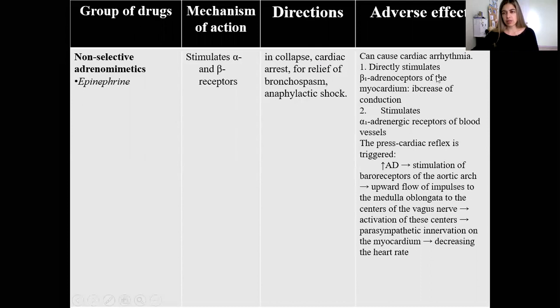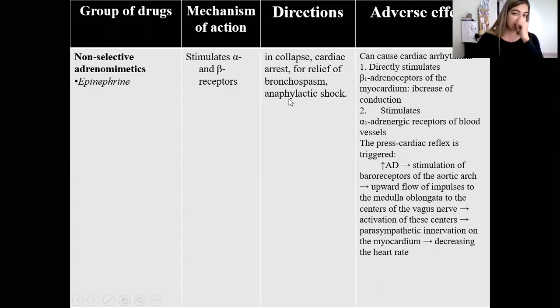And so here are the tables with the explanation of when we should administer these drugs and which adverse effects can occur. I'm not going to read these tables. You can make a screenshot and read them because I think everything is clear here, because I already told you that receptors can be stimulated, and then it depends on where these receptors are stimulated. If we are talking about bronchoconstriction, it will be relief of bronchospasm.